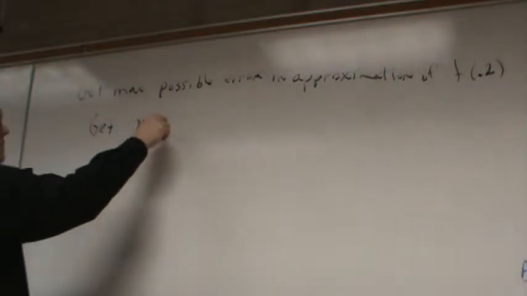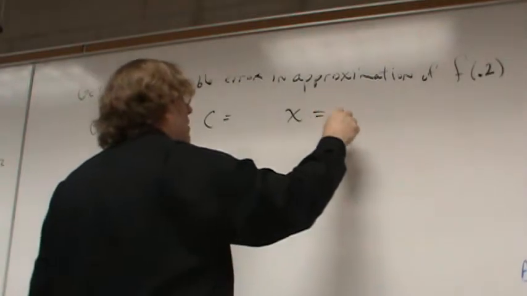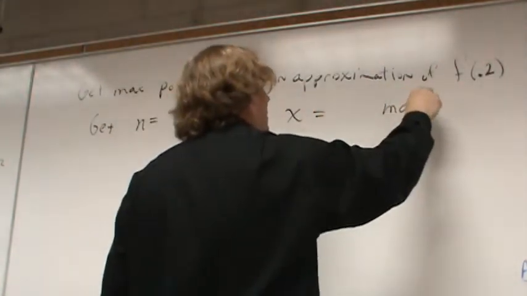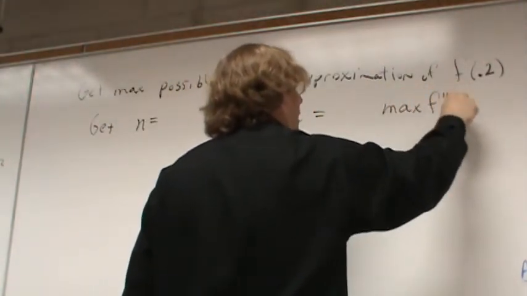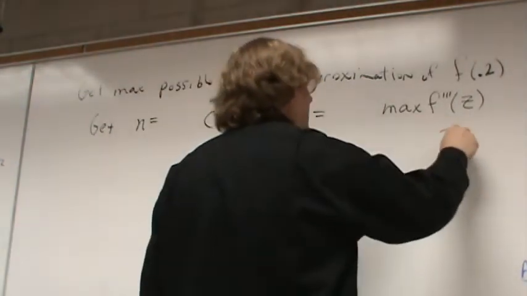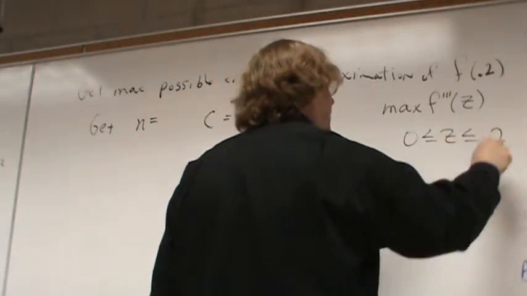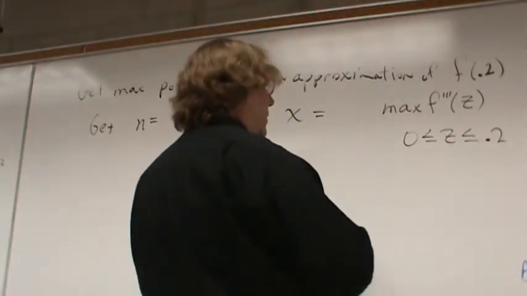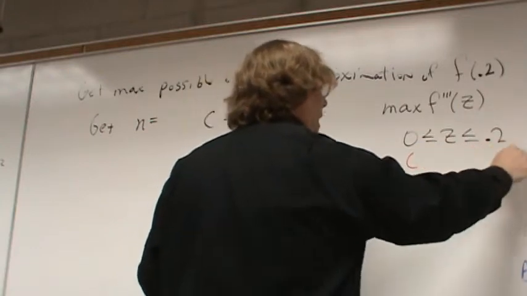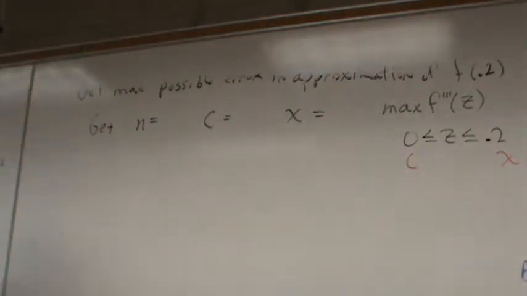And I'll even give you the hint. You got to get n, you got to get c, you got to get x, and then you got to get the maximum possible value of the third derivative of z. And in this case, z is going to be between 0 and x. Where this, c and x. Good luck.